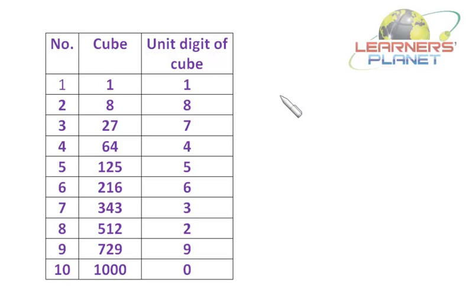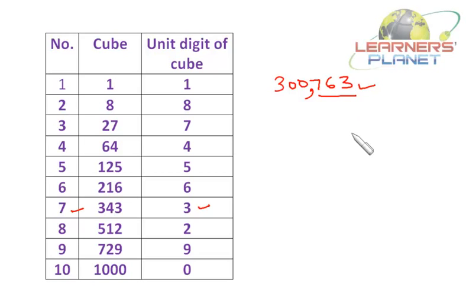Now let's take one more number. It's 300763. I'm making the sets of the numbers. The unit digit of the number is 3. So here we observe the cube of 7 will end in 3.